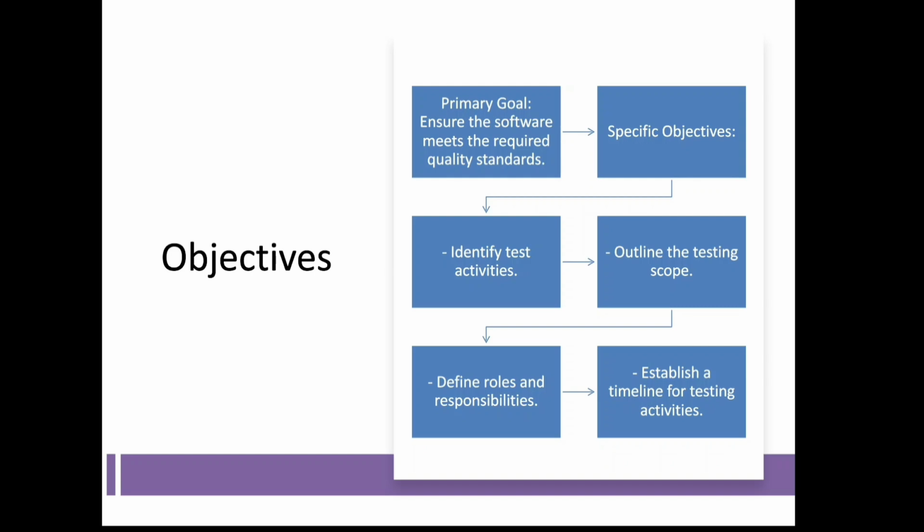Suppose one new feature comes to the test bed. We need to be aware of how much time it will take to test this feature. So this kind of objective we need to plan properly, and for that we need the test plan.